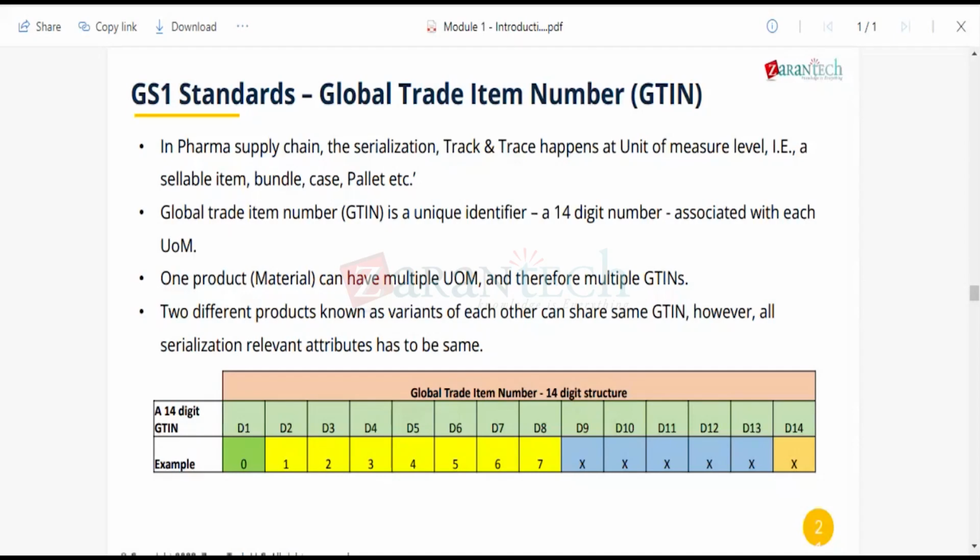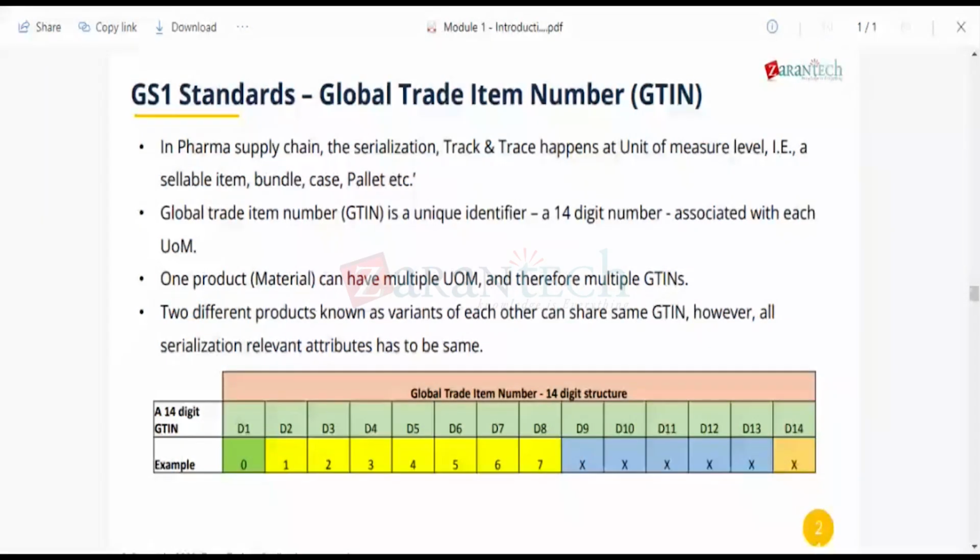So I will ask GS1 to provide me a sufficient GCP so that I can create different versions. If GS1 provides me a 7-digit GCP, then the effective numbers I will have are 1, 2, 3, 4, and 5, so GS1 can provide GTINs only up to these variations or permutations and combinations.